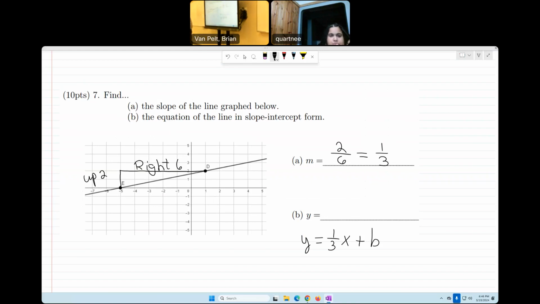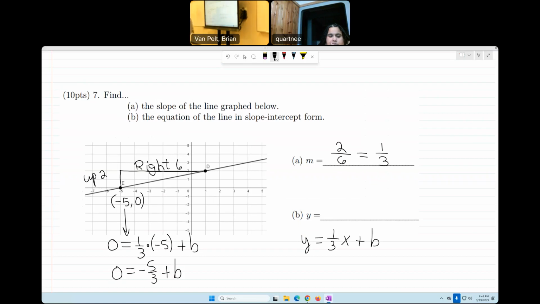-5, 0? Yeah, anything that has a 0 is easier to plug in. So this point here is -5, 0. That means when x is replaced with -5, y will be replaced with 0. So in the equation of my line, 0 will equal 1/3 times -5 plus b, or 0 equals -5/3 plus b.